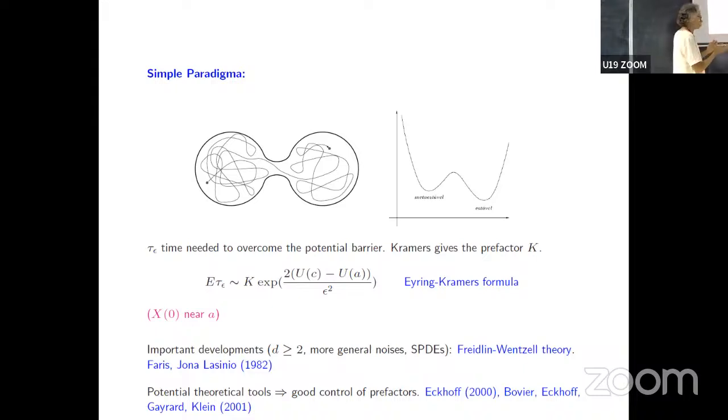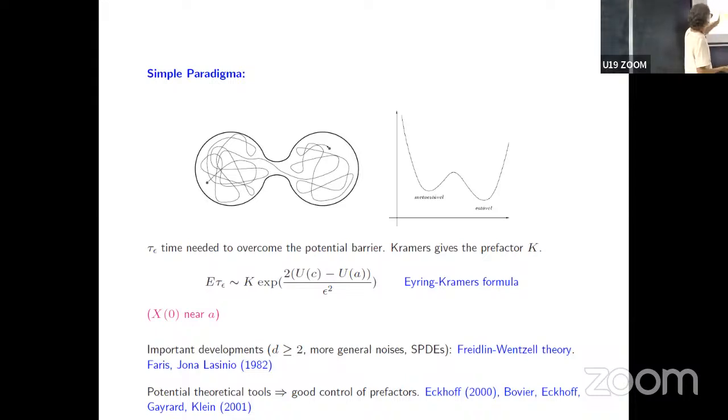It has these two minima. Your x will be trapped for a while in one well. After a long time, it manages to escape to the other one. And if the other one is deeper, then it will take even longer to come back, but it will.